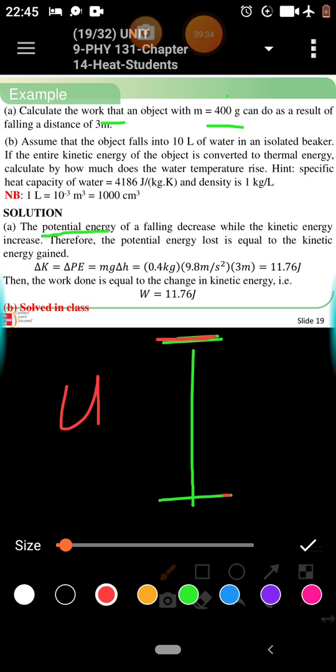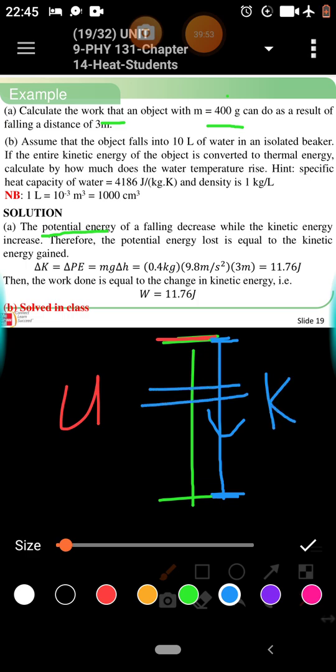When it reaches the ground, from the top, it will have this kinetic energy, the same as the potential energy.